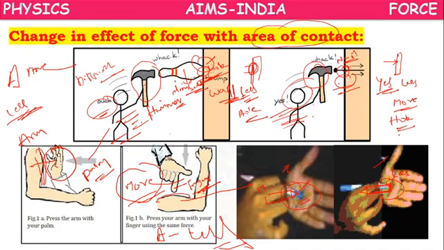From the front side, you experience more force. Because on the front side, the area of contact is less, the force is more. On the back side, the area of contact is more, the force is less.